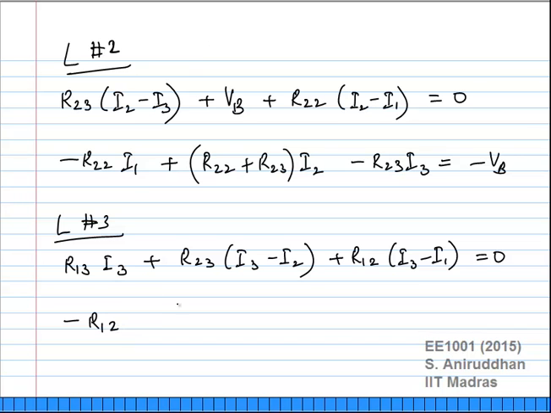So minus R12 times I1, minus R23 times I2, plus (R13 plus R23 plus R12) times I3 is 0. This is the third equation.